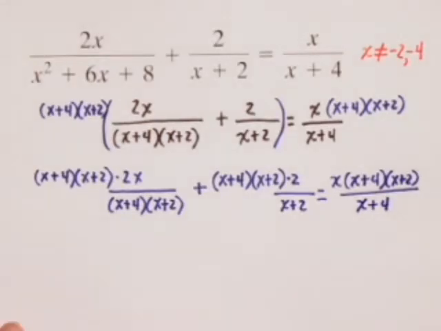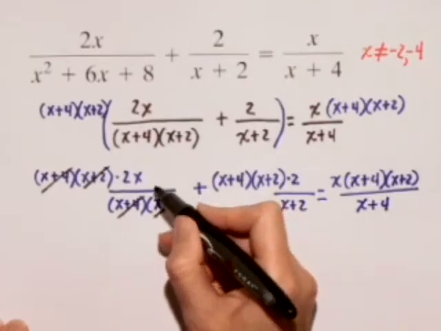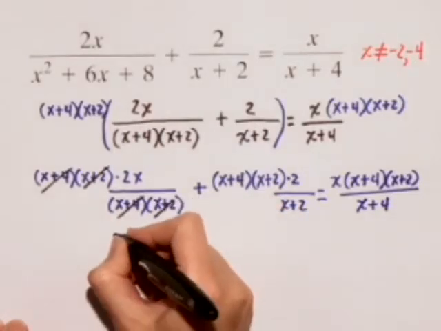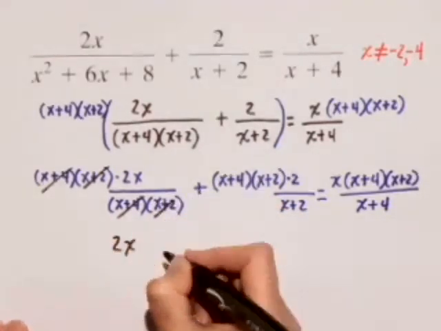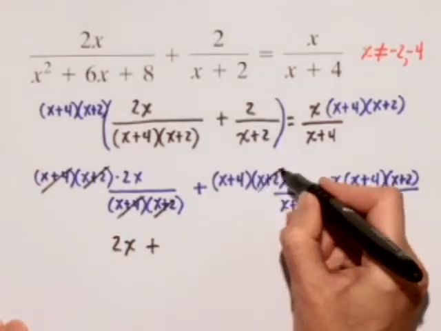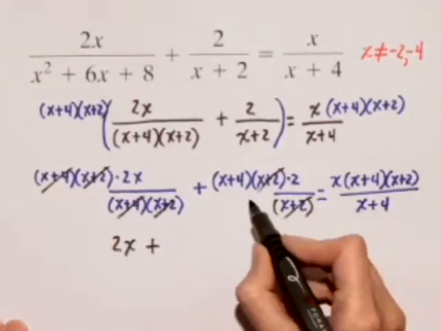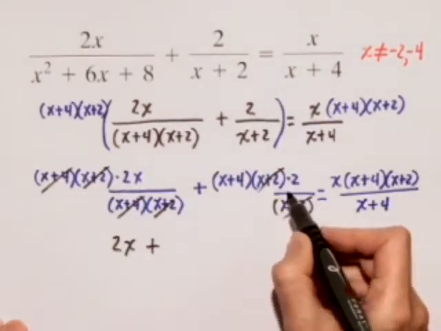Now our fractions should clear. We can divide out any like factors, so we have x plus 4 and x plus 2, and our first term just becomes 2x. Plus, on the second term, notice x plus 2 cancels with this x plus 2 in the denominator, and we have x plus 4 times 2.